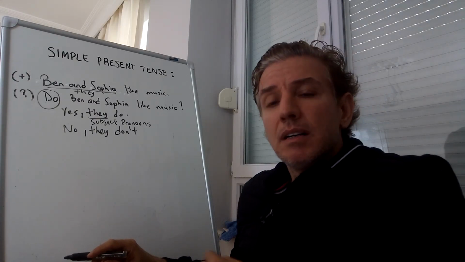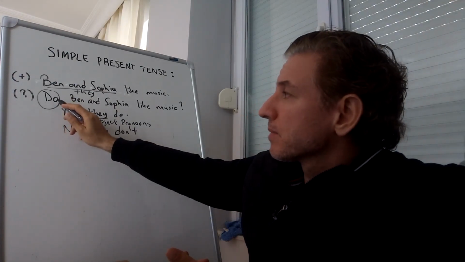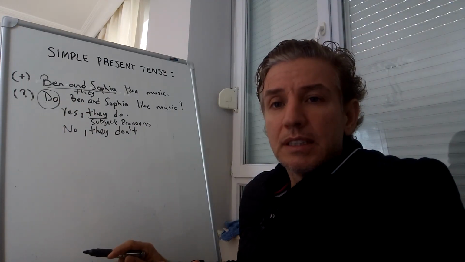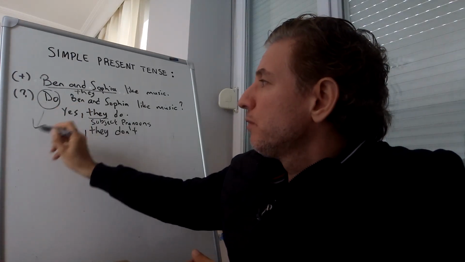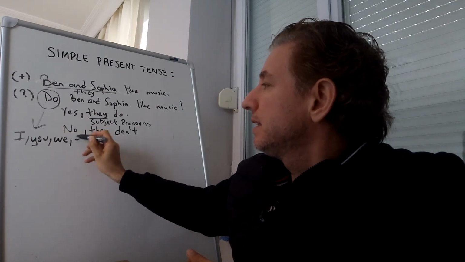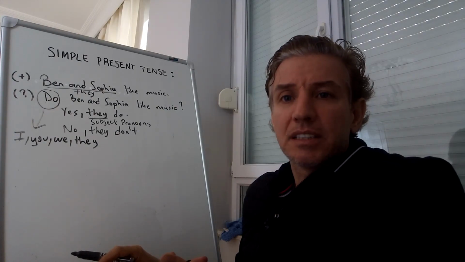When we use do or does, we use do with I, you, we and they. We use do with I, you, we, they. And we use does with he, she, it.